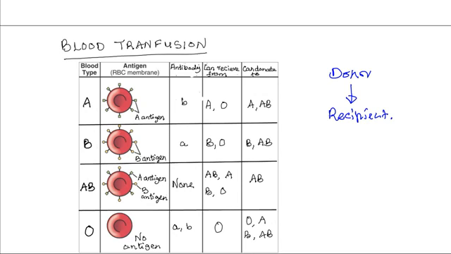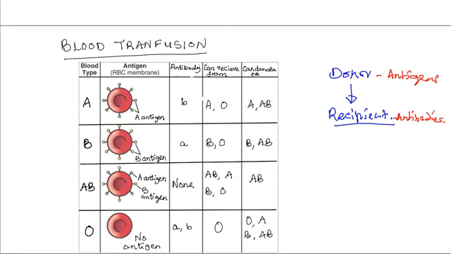That is, the transfusion is going to be compatible if the recipient's blood does not have corresponding antibodies to the donor's antigens. So during transfusion, what is taken into account? You look at the donor's antigens vis-a-vis the recipient's antibodies.